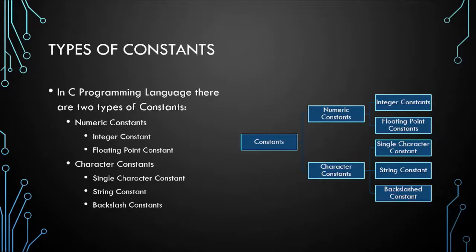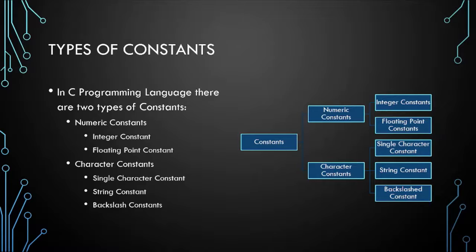String constant, as the name suggests, has a string of characters. That means it has more than one character enclosed in double quotes. Backslash constant, as the name suggests, starts with the backslash, like backslash n, backslash t, backslash r, etc.